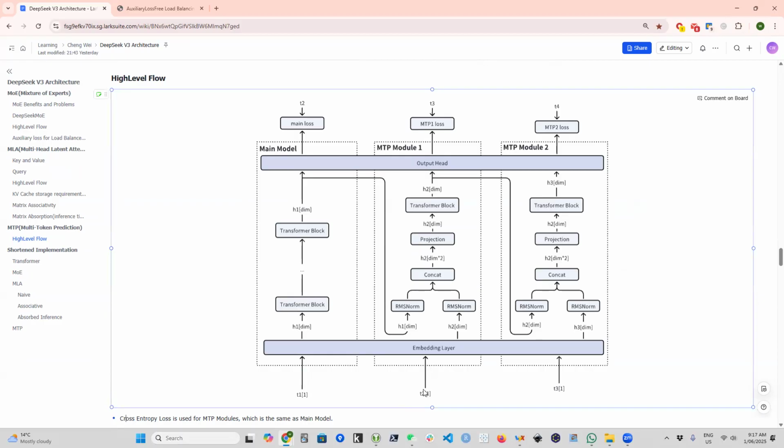And this T2, entropy, also goes into the embedding, and the embedding of the word entropy is concatenated with this one, right?